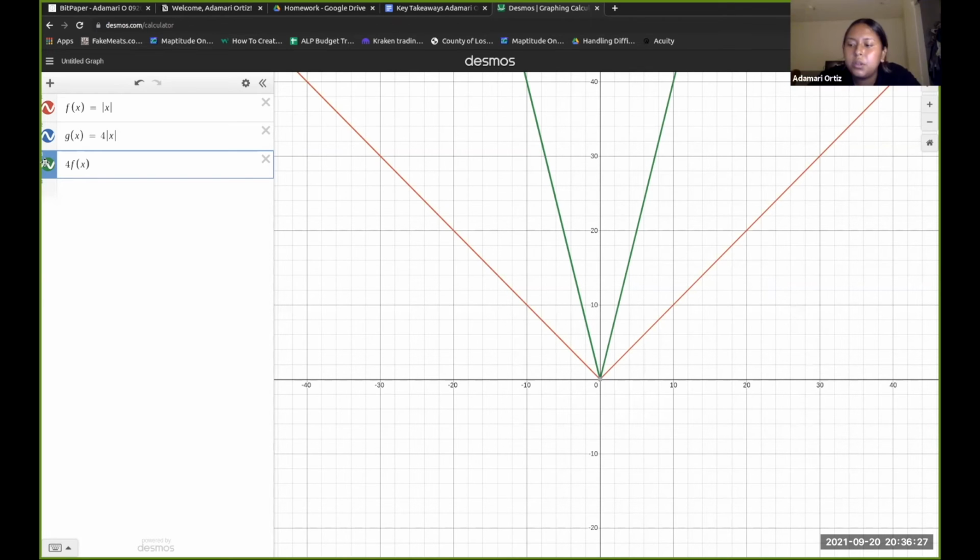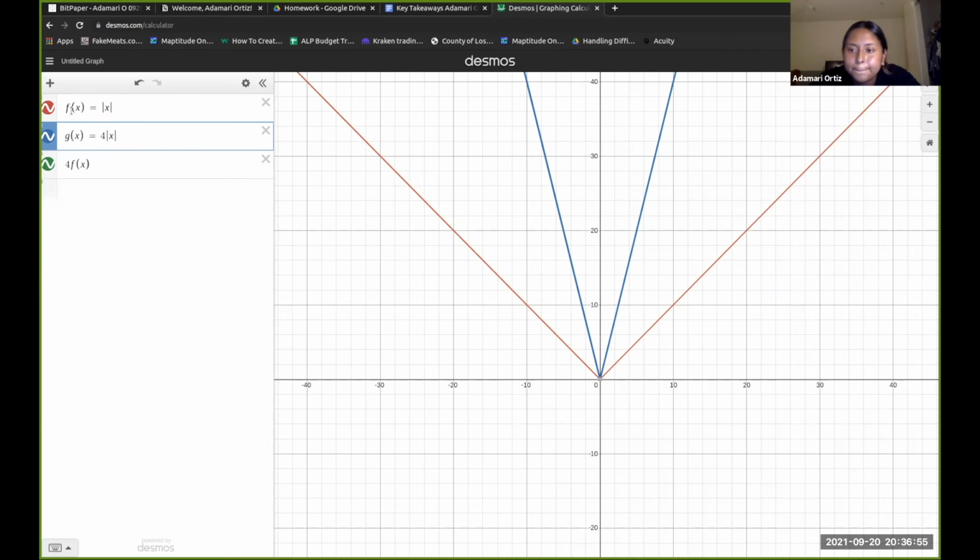And how do you do that? Like if I were to multiply 4 times x or the absolute value of x. Right, so if we started off with f(x) equals the absolute value of x, let's say we wanted to get 4 times the absolute value of x. Well, we know the absolute value of x is the same thing as f(x), right?